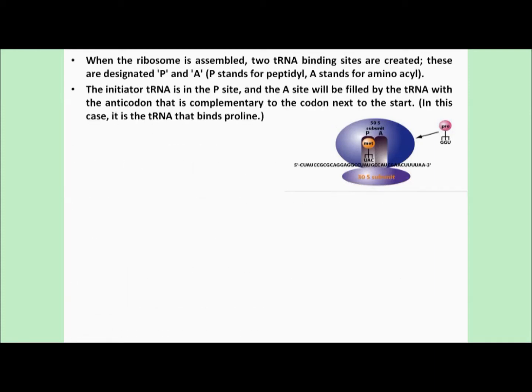Now you see the initiator tRNA. It is now here in the P site, and the A site will be filled by a tRNA with an anticodon complementary to the codon next to the start. So it will now shift here. One more tRNA will come. It will have an anticodon which is complementary to this sequence.